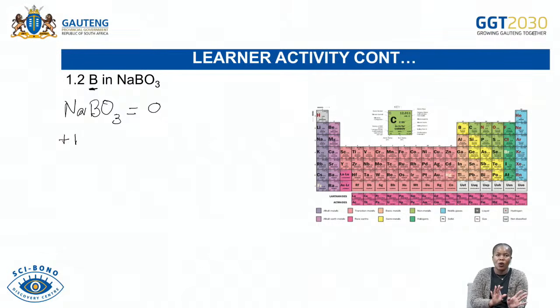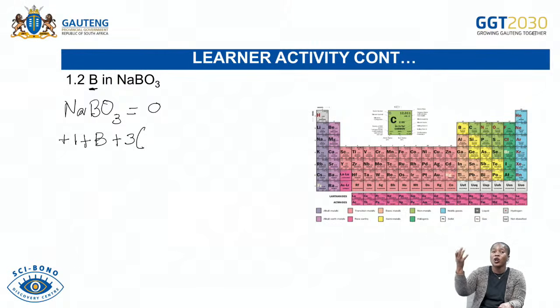I'm writing all the charges as they are, then plus B that I am trying to find out, and then plus oxygen. But now there are 3 atoms of oxygen, so it's important to say it's going to be 3 of that specific oxidation number for oxygen, which in this case is -2.